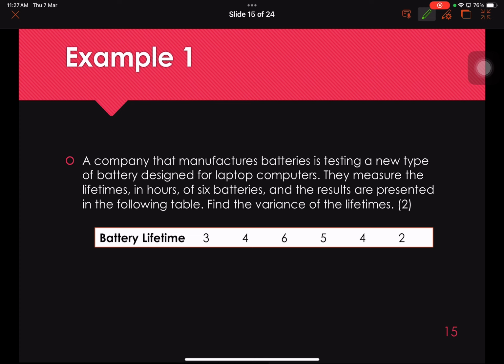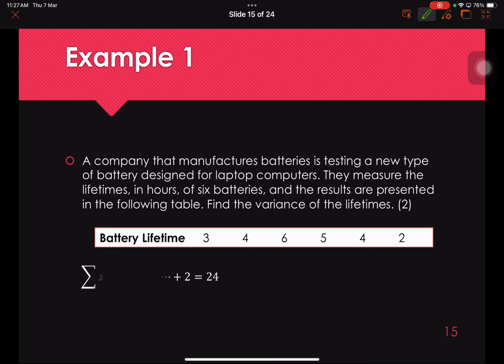Yes or no? Everybody got the answer? Who has not gotten the answer? Come on.